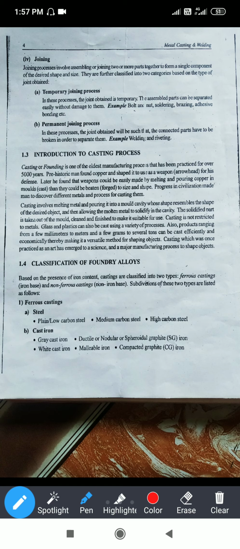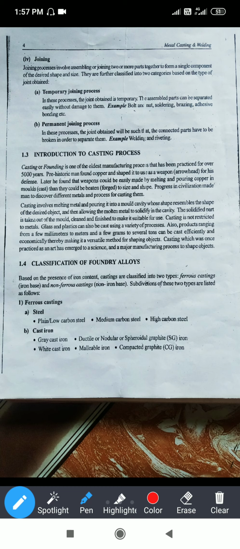Casting, or the foundry, is one of the oldest manufacturing processes, practiced for over 5000 years. Prehistoric man found a copper shape that could be used as a weapon, an arrowhead, for his defense.